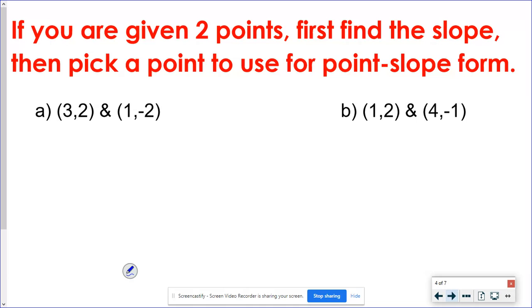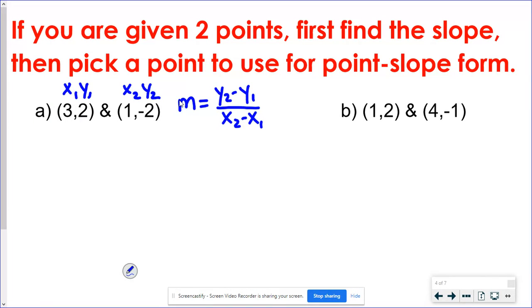To find the slope, remember, that's where we do y sub 2 minus y sub 1 over x sub 2 minus x sub 1. You're going to notice a lot of things that are similar between the slope formula and point slope. In my ordered pairs, again, I'll do one of these where I label everything. So I've got my x's and my y's and my 1's and my 2's, and then I'm going to find my slope.